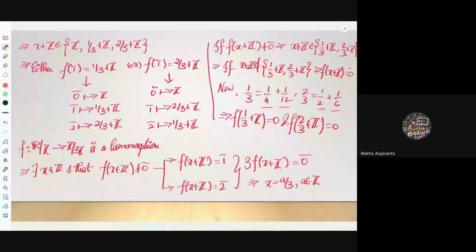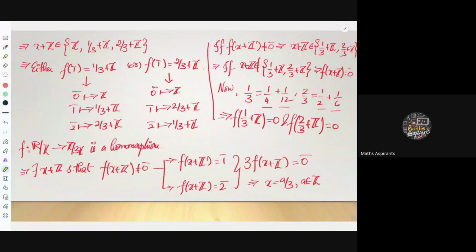So just to recap, we assumed f is a homomorphism, and if everything goes to 0, that's a trivial homomorphism, that's always counted. And now we suppose there exists something such that it doesn't go to 0. We were able to show that it has a very specific form.